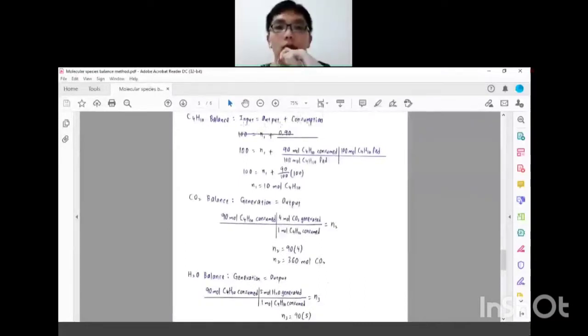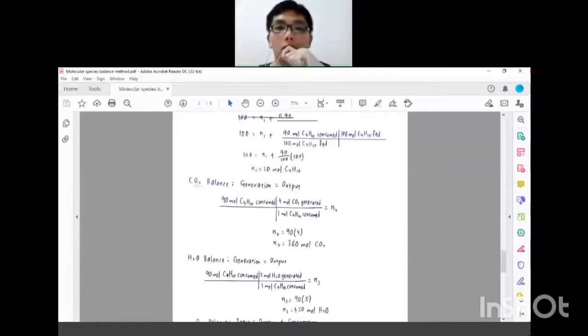Since only 90% of butane is converted in the reaction, the input is 100 mole of the butane feed, and equals N1, which is the output, plus 90 mole of the C4H10 consumed in 100 mole of C4H10 feed, multiplied by 100 mole of C4H10 feed to get the consumption of the C4H10 here, and then we will get the value for N1, which is 10 mole of C4H10.